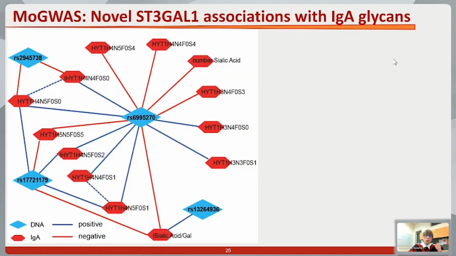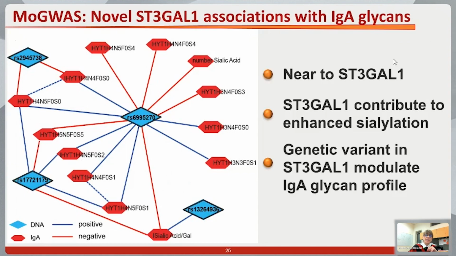But for the one where we were adding the extra platform, in this particular case IgG glycans, we identified new hits, which is ST3GAL1, a sialyltransferase, and this is contributing to enhanced sialylation. It was shown that the levels of ST3GAL1 are resulting in enhanced sialylation of the protein.